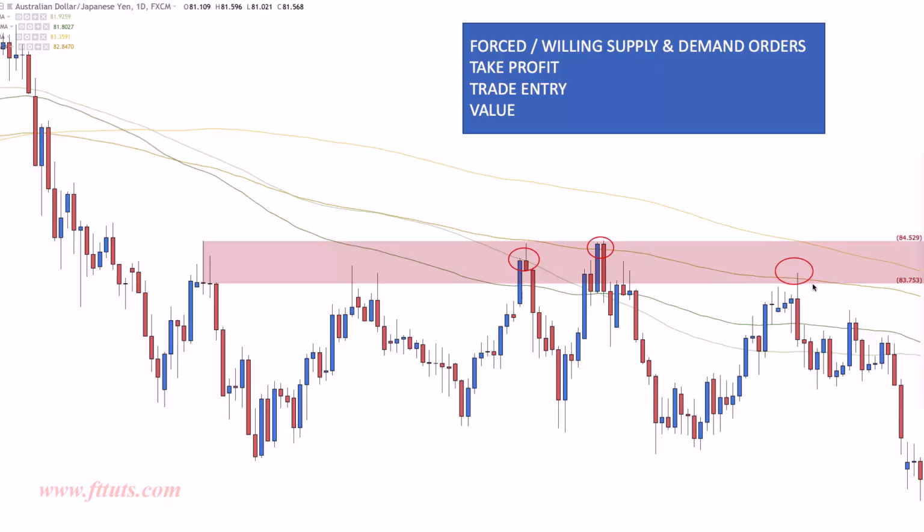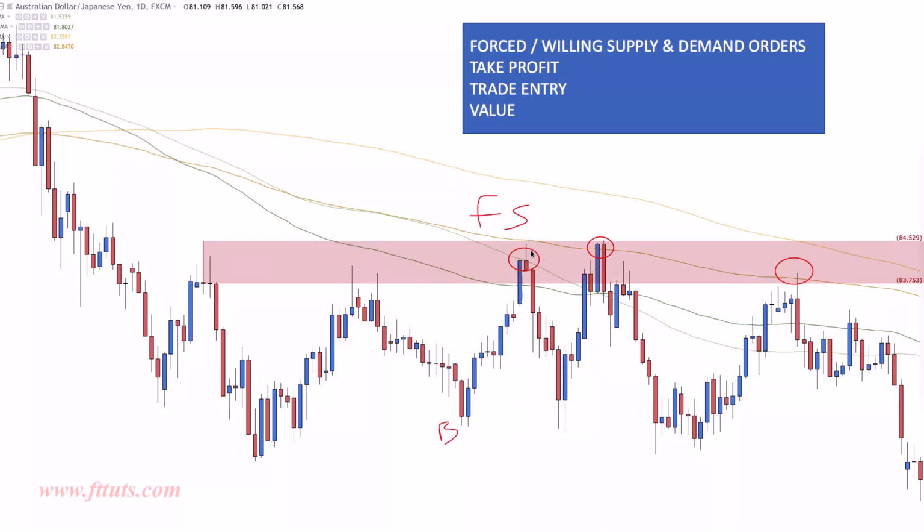Again, it's a second touch within that area, and again we get reactions every time. So we get dynamic resistance within an area of value. If you're looking to buy here, the trouble area is going to be your moving average, your dynamic support and resistance. So you're going to be looking to sell here, forced selling.